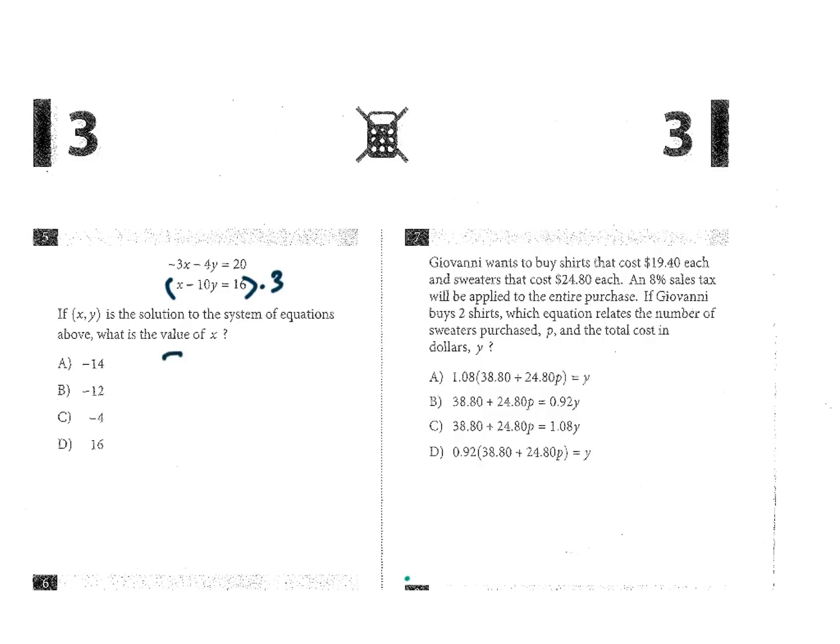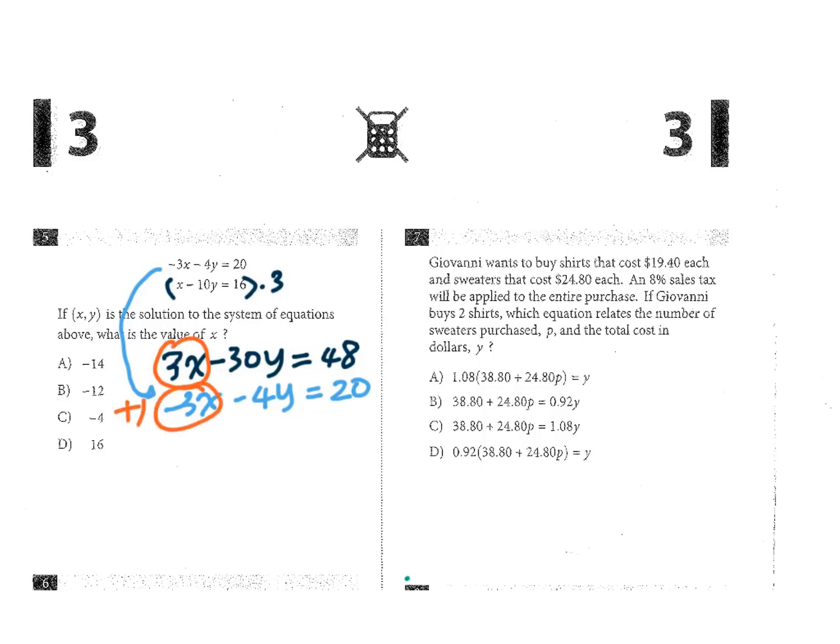We got 3x minus 30y equals 48. I'll bring down the first equation, negative 3x minus 4y equals 20. Since we have opposite variables, I need to add to cancel to 0. When we add, we got negative 34y equals 68.